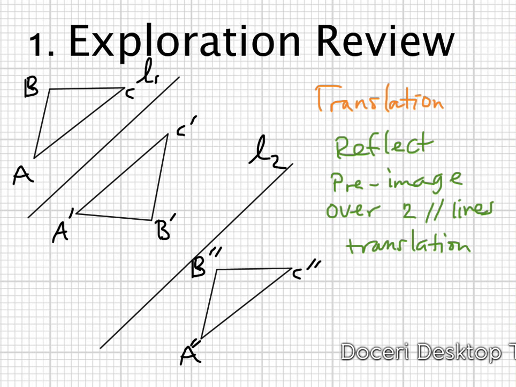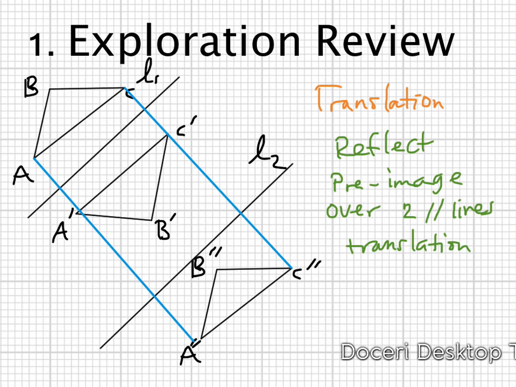One other piece of information that you guys would have learned from the exploration is, it's not exact, but if I were to draw a line segment from A to A double prime, A prime would go through that. So would C prime with C and C double prime.